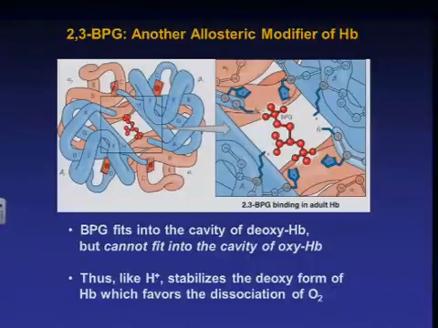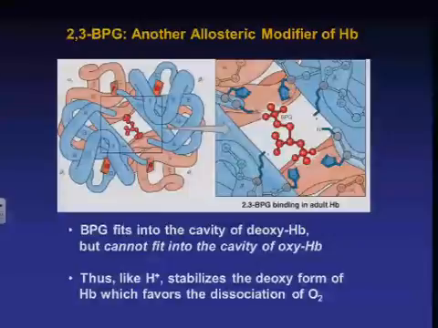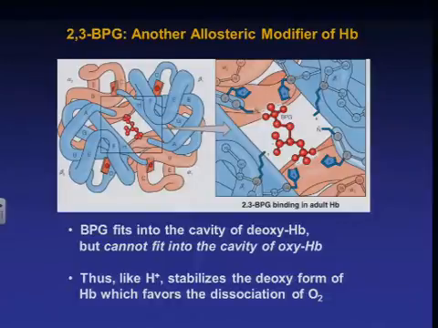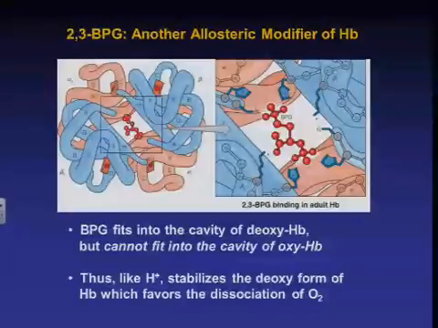Remember I talked about the top view here, and we had this water-filled cleft that we said in the deoxy form was larger than in the oxy form. So BPG is in the red blood cells, and the concentration that it's there can vary.